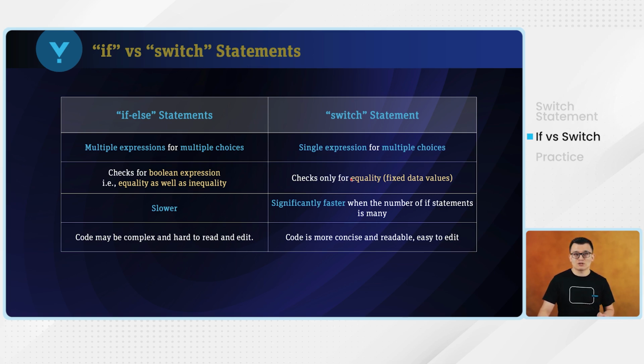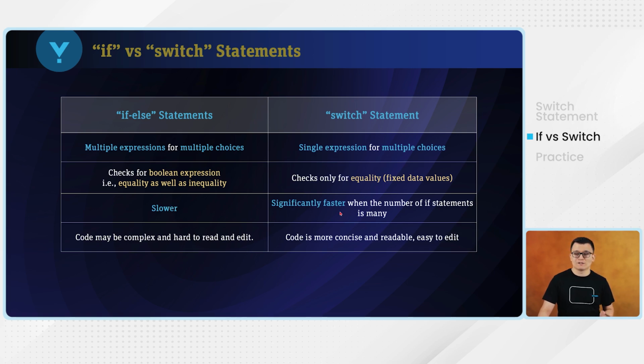However, when you use the switch, you only pass a value for the switch statement's expression, and the only condition that the switch statement checks is equality for fixed data values. The if statement is slower compared to the switch.